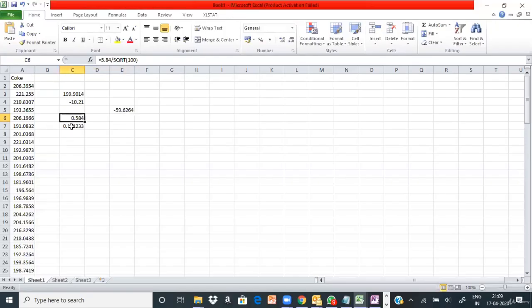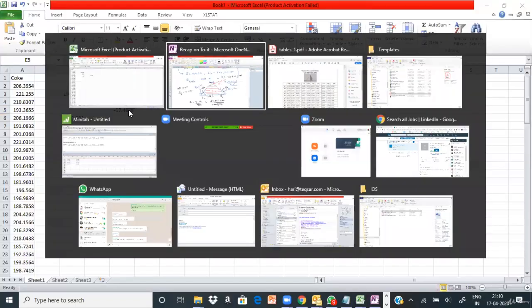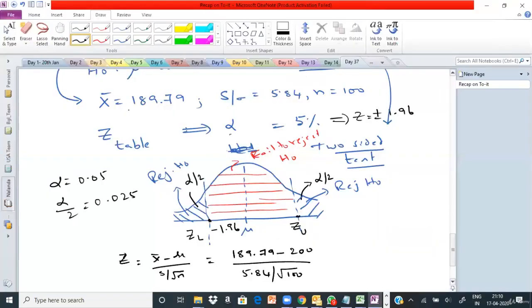This value divided by this value is 17 point something, minus 17 point something. So where is my Z cal? This is coming up to minus 17 point something.